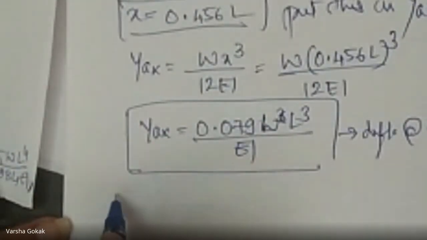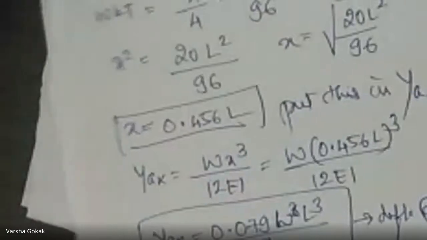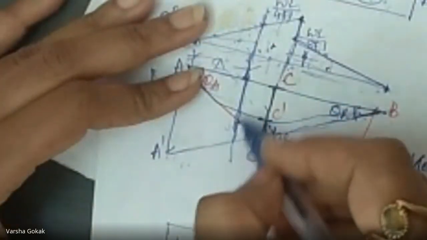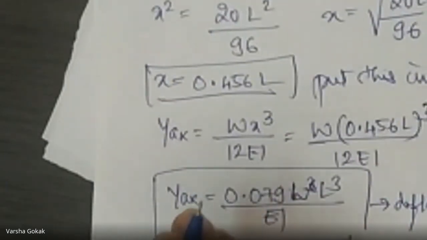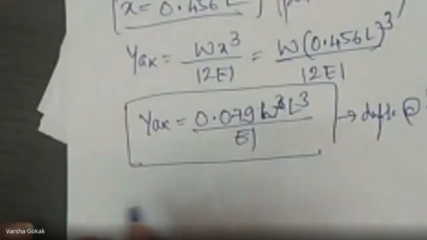Now what is the deflection diagram? I have drawn the diagram. Here, this one, deflection diagram. So we'll just redraw that. I want only see at x distance, right? So deflection diagram when we draw is like this now.